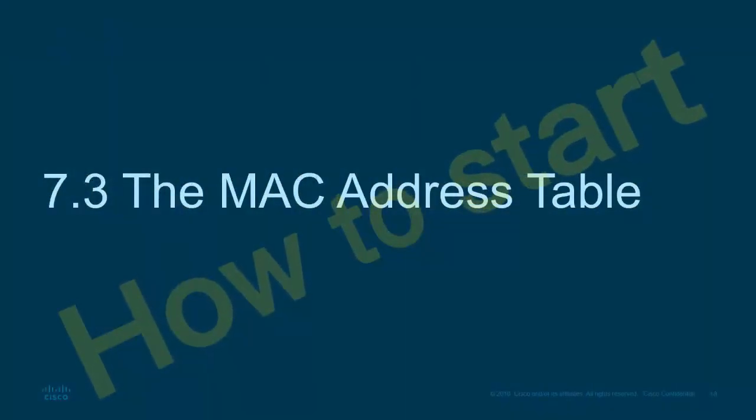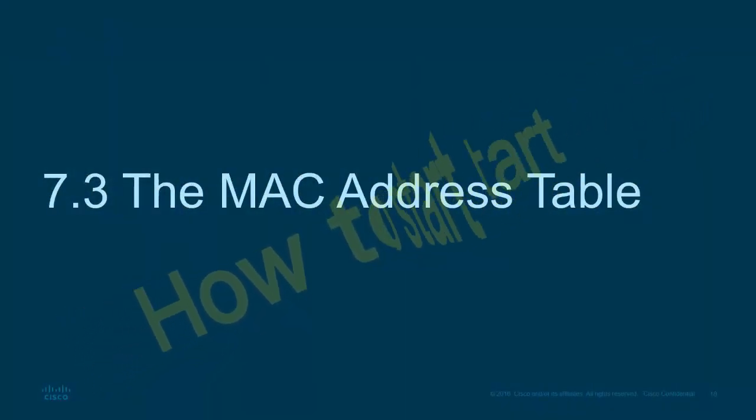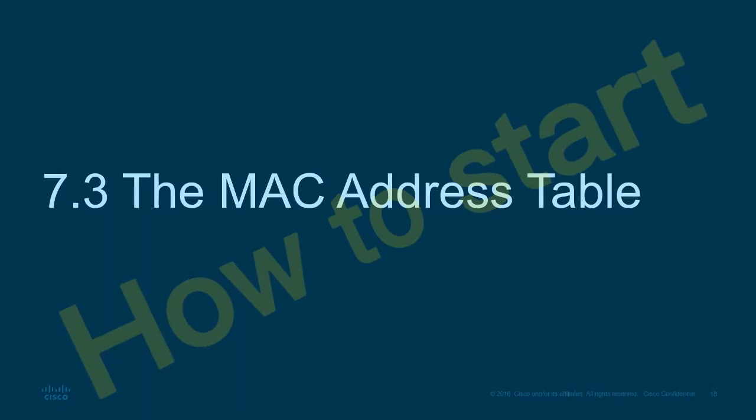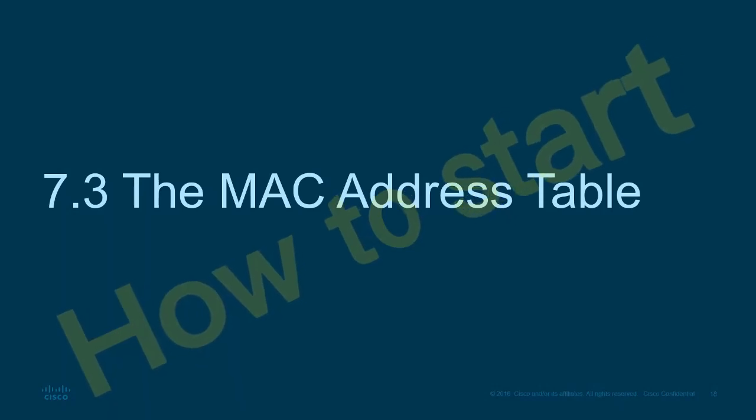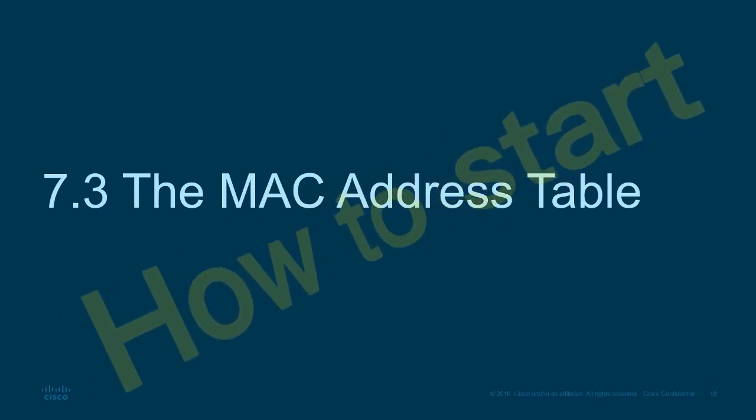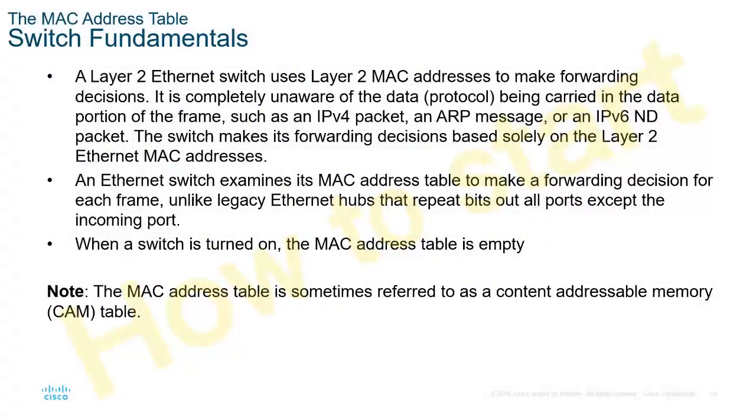Moving on, we have our MAC address table. Now that we understand MAC addresses, how does the switch use those MAC addresses? A switch, when it is powered on, has no known addresses. It has to learn these addresses, and this is typically taken from our source information.